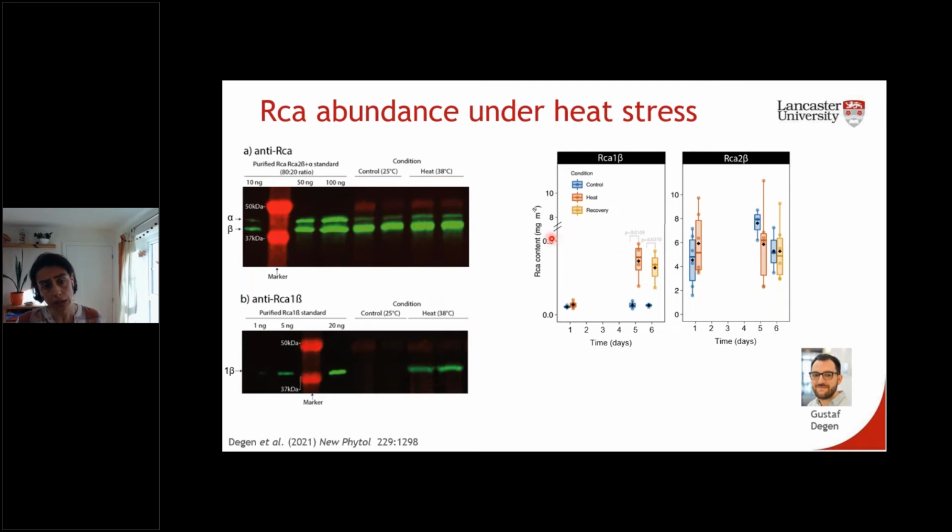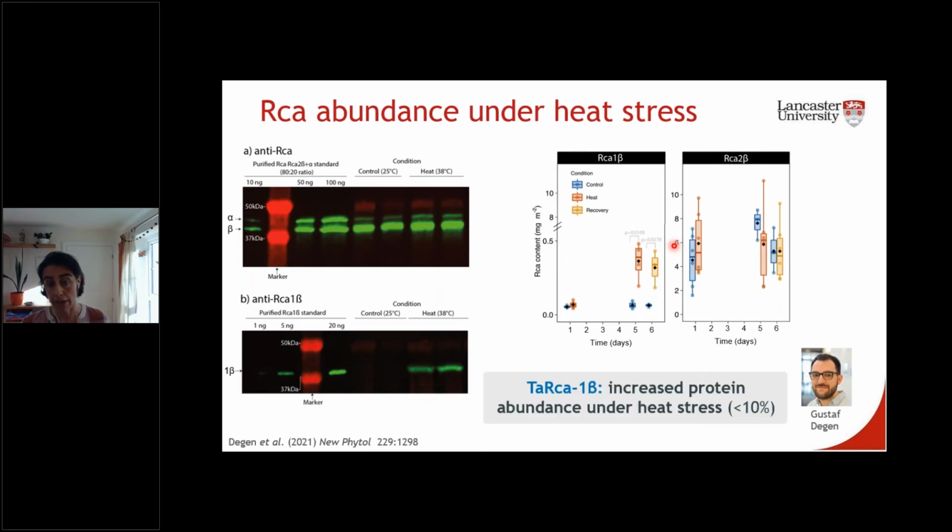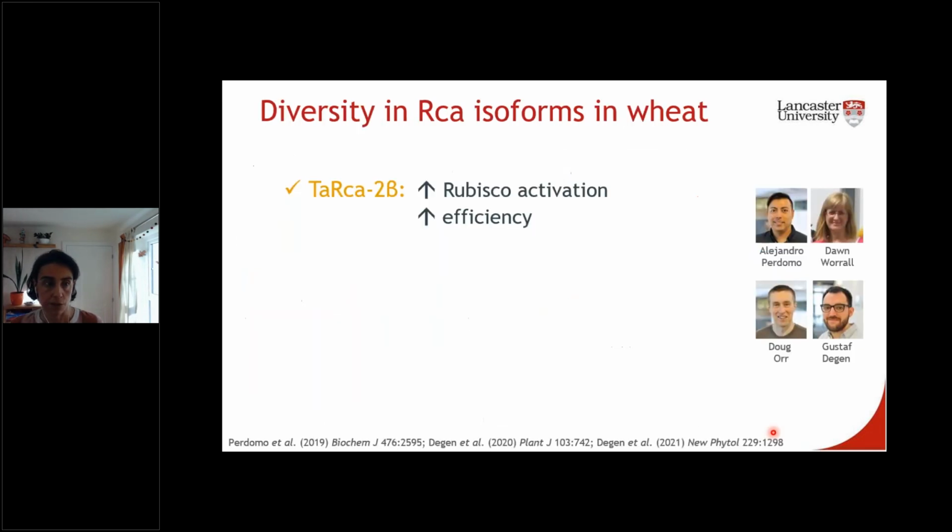Now, importantly, if you look at the numbers, the scale here is for lower numbers compared to the numbers here. So, although the abundance of the thermal tolerant isoform is increased, it is still much lower than the abundance of the other two isoforms, up to a maximum of 10%.